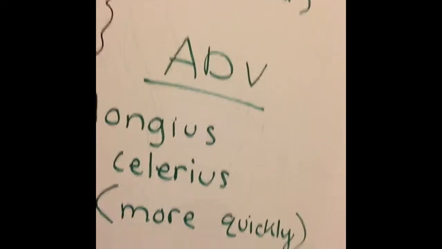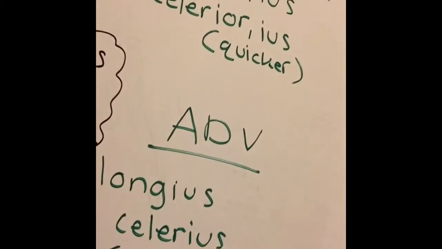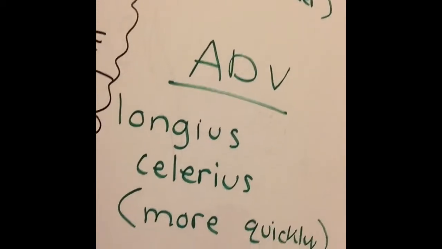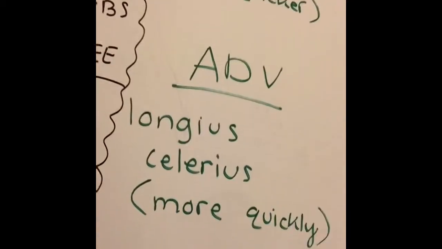Whenever you make the adverb, all you do is take the second principal part and just use that. So it would be longius, celerius, which would be translated more quickly. Notice you just took off the ior and added the ius. And so that's basically all you have to do for the comparative.